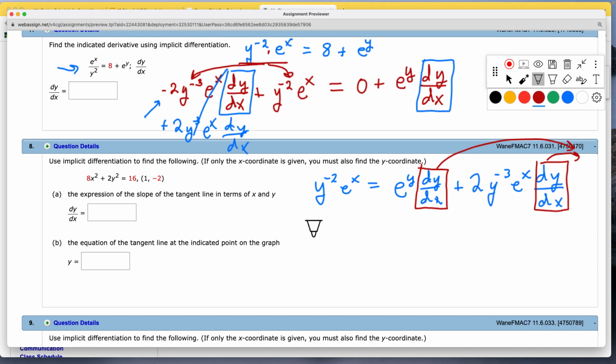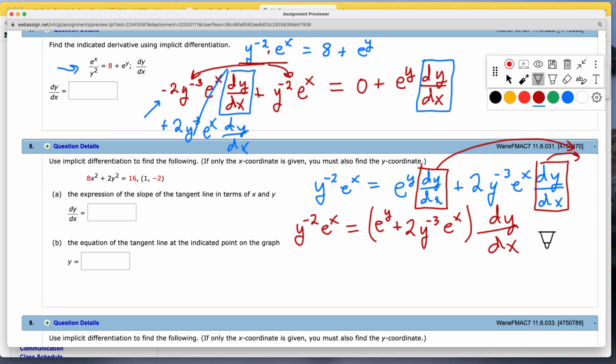So we're just going to rewrite y to the negative 2 e to the x. What's left here is e to the y plus 2y to the negative 3 e to the x, all in parentheses, and a dy dx. I got it down to one dy dx.